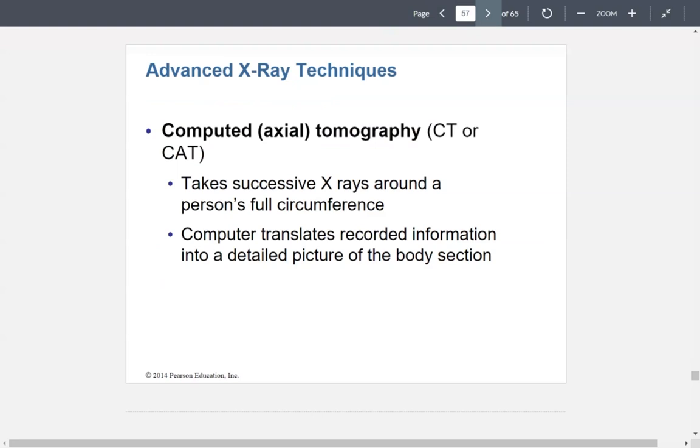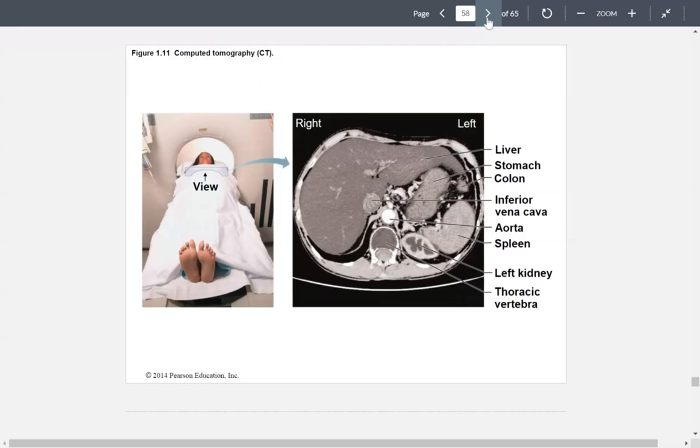CTs, or computer tomographies, otherwise known as CAT scans. Think of them as more for soft tissue. They will allow us to see everything on the way through. Looks something like this.